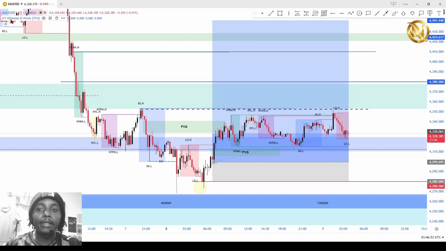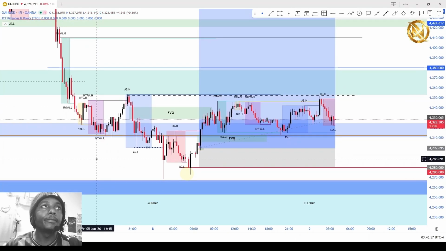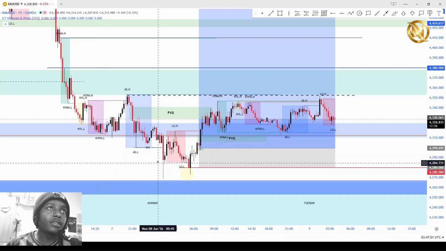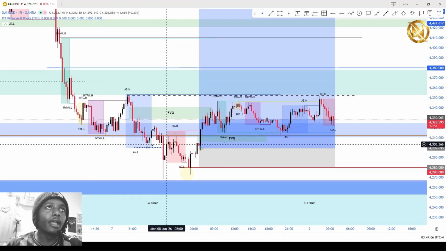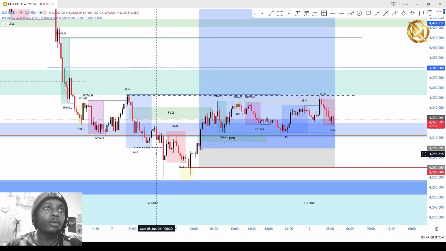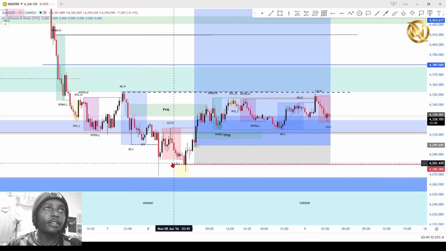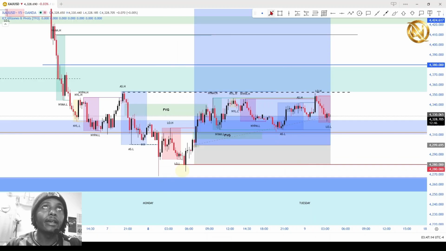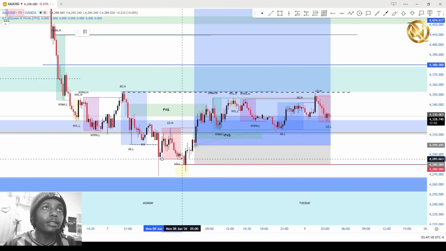That's the only indicator that I am using to identify where the session's high and session's low are. As you can see, yesterday, before we had this London open, we swept the Asian low with that candle that displaced.